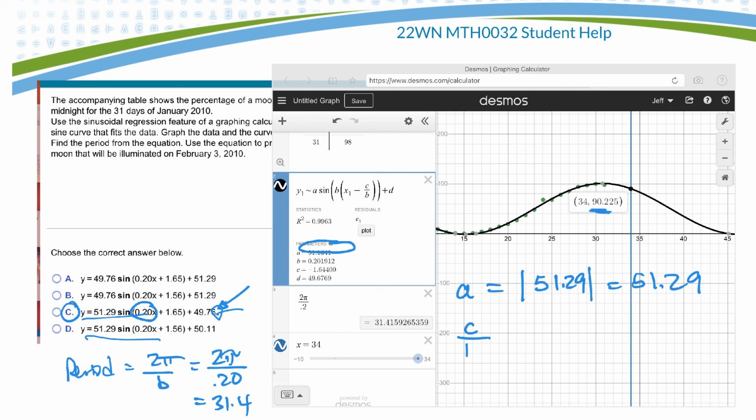And C over B will be the horizontal translation. In trig things, we call that the phase shift. So C is 1.65 and divide that by B, 0.20. When you divide that, that'll give you a phase shift. Okay, hopefully that helps you going through that regression question.